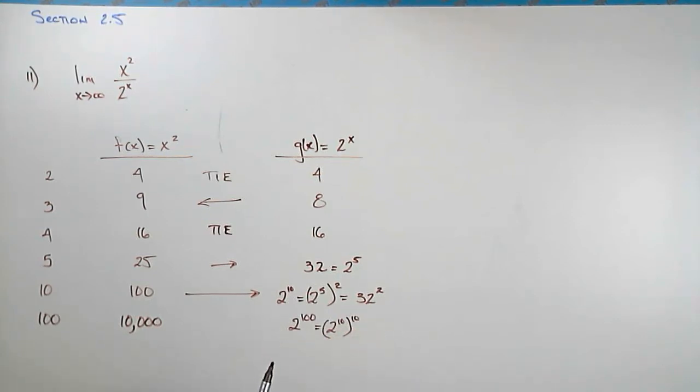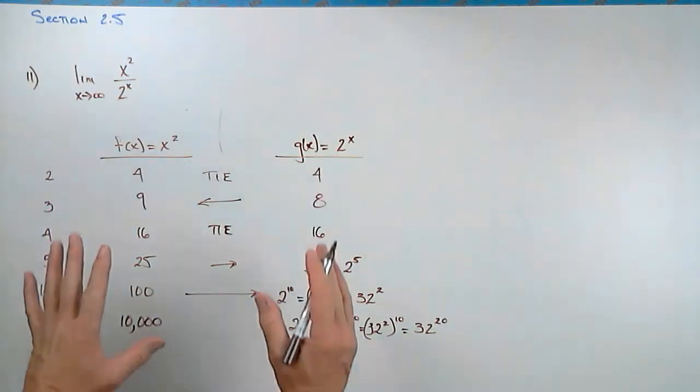Power to a power you multiply. But we just said 2 to the 10th is 32 squared. So that's 32 squared to the 10th. That's 32 to the 20th. 32 times 32 times 32 times 32, 20 times. That's massively larger than 10,000.